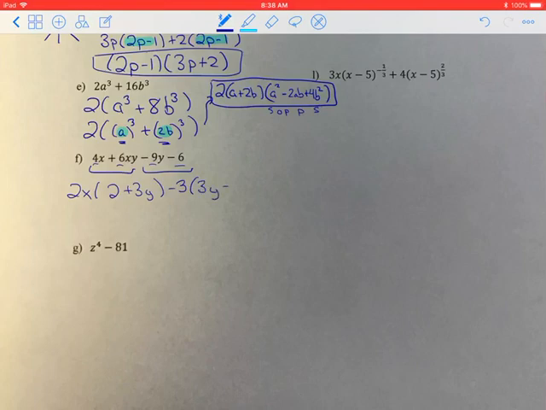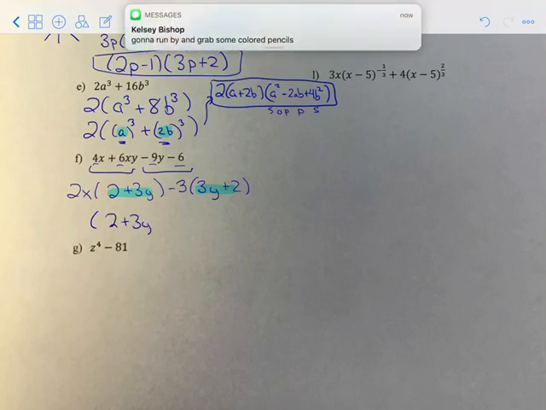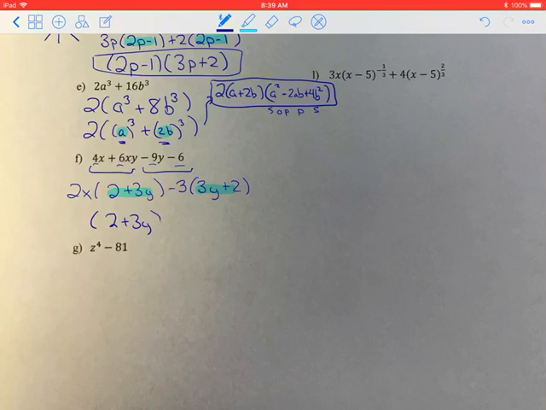Negative 6 divided by negative 3 would leave me a positive 2. Now these need to match, so remember, for a sum, the order isn't important. So 3y plus 2 is the same as 2 plus 3y. So I can continue. I can write that either way, 2 plus 3y, and then 2x minus 3.